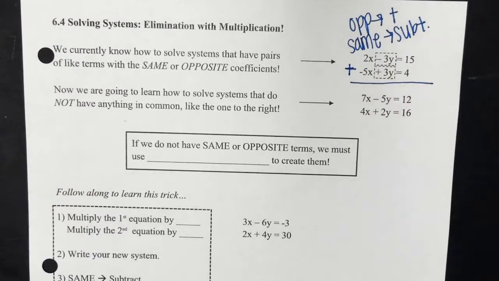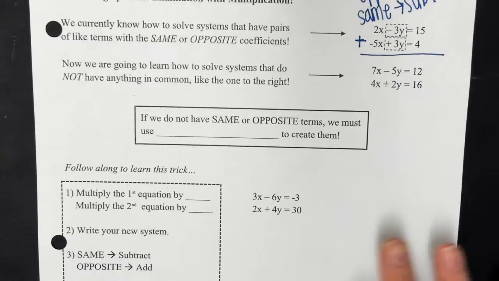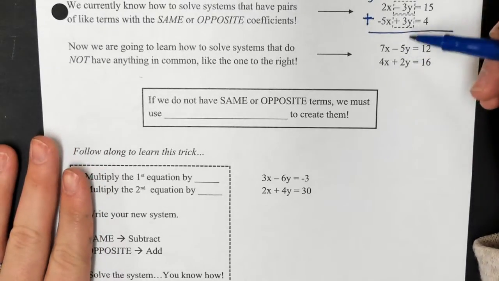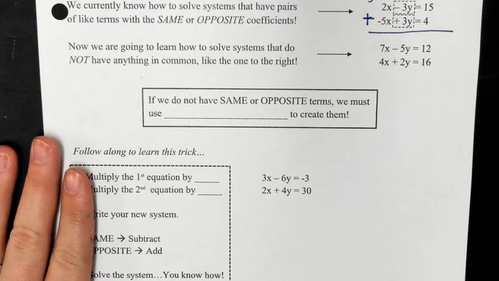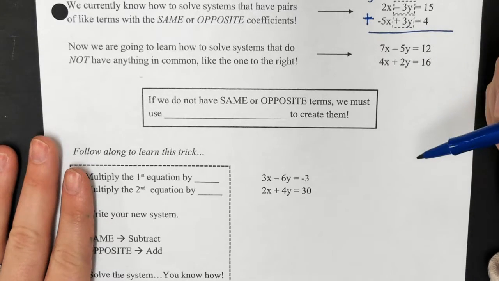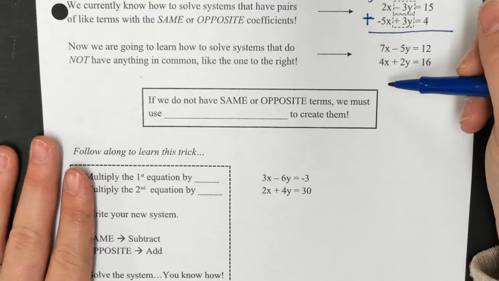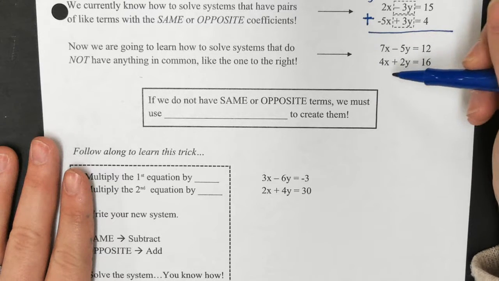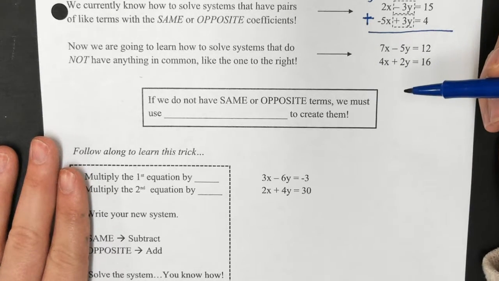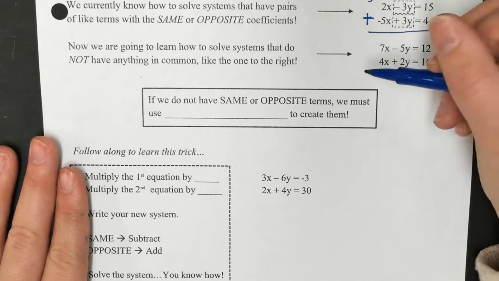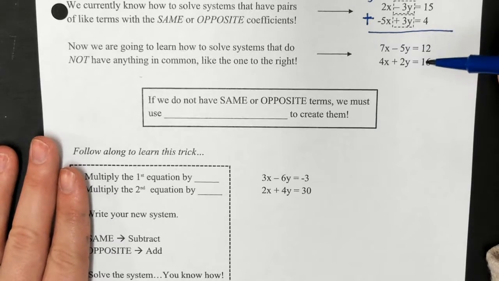Opposite, add, same, subtract. Today, we are going to learn what to do when there are no like terms. You see, 7 and 4, 7 minus 4 is 3, 7 plus 4 is 11. That doesn't cancel out. Negative 5 minus 2 isn't 0.